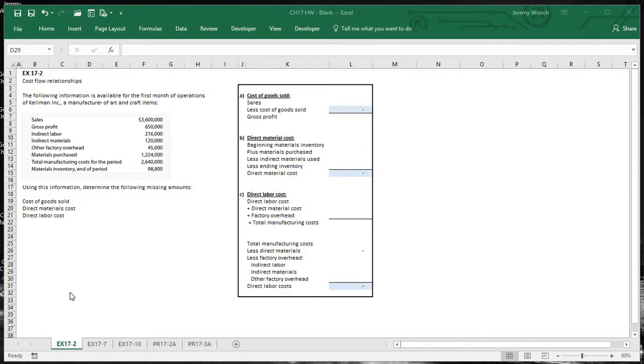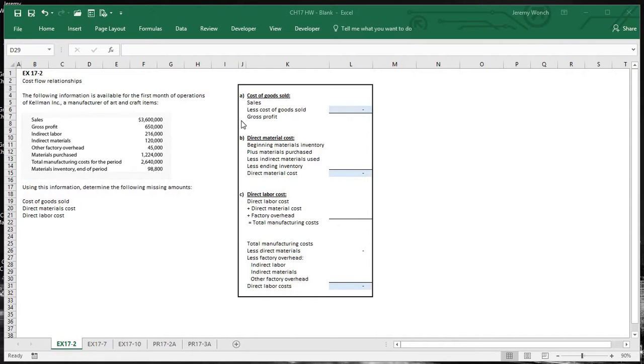A lot of times in these problems, it'll give you the direct material, the total manufacturing cost, and the overhead, and tell you to figure out direct labor cost. So this is just a little exercise to understand how all these work together. Let's jump in.